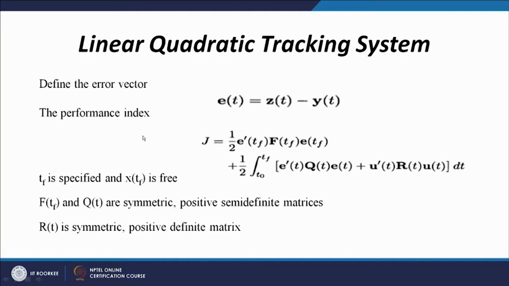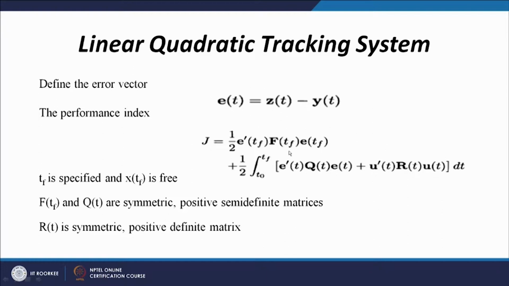I can define a performance index as half of E prime T f, F of T f, E of T f, which defines my terminal cost, because at the terminal time I want to make this error as small as possible, plus half of the integral of the quadratic term E prime Q E plus U prime R U, where E is the error.